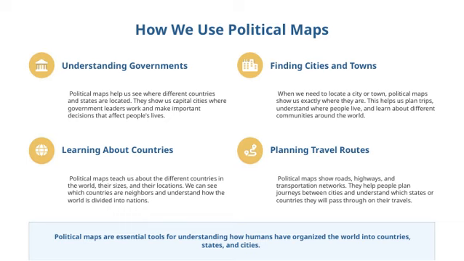Whether you're crossing states or countries, these maps help you understand the route you'll take and the places you'll pass through. Overall, political maps are powerful tools. They help us understand how humans organize the world into countries, states, and cities, giving us a clearer picture of our world and how it all fits together.